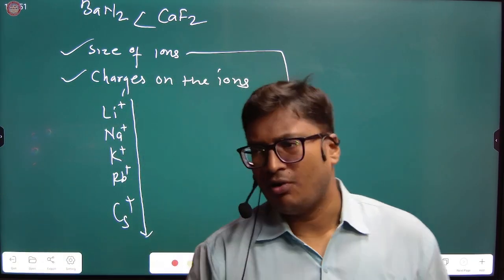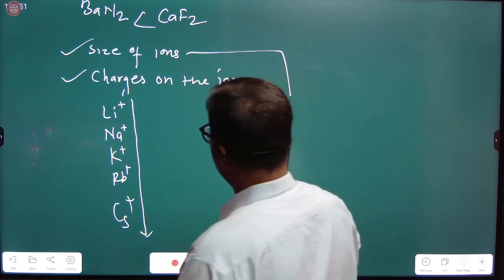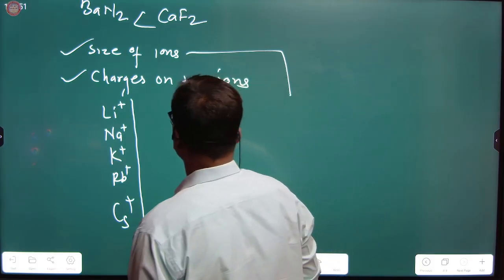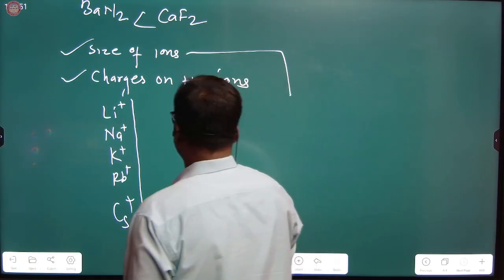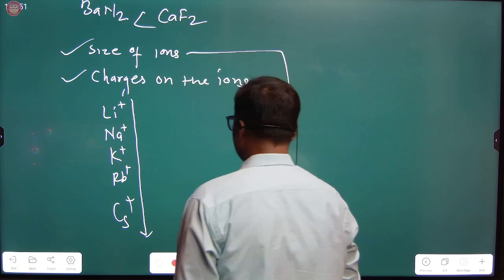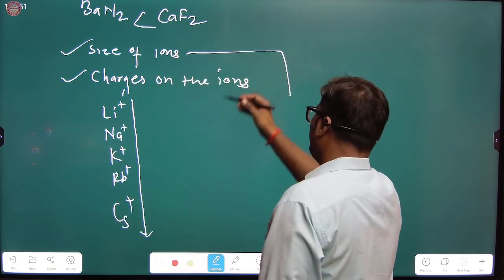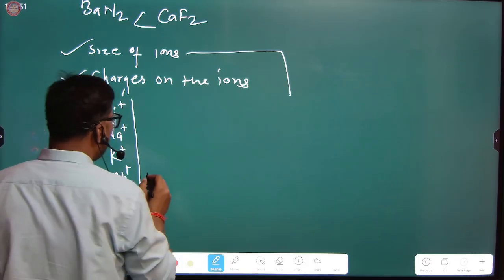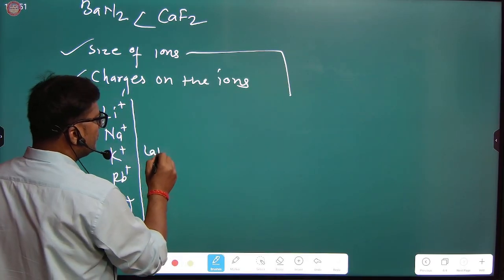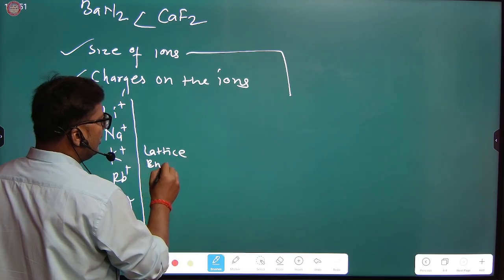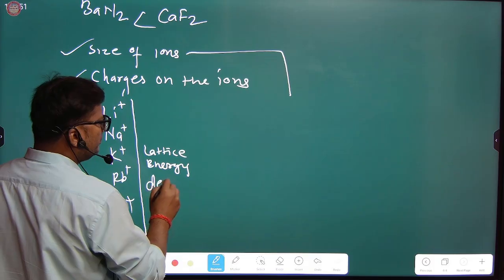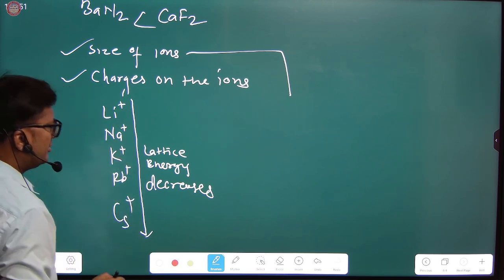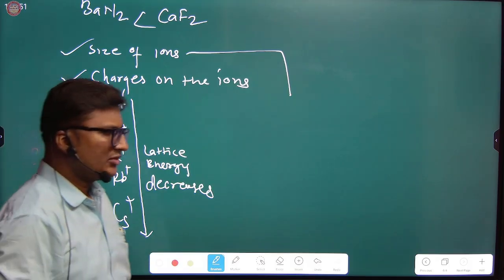So the compound formed from these ions depends on the size of the cations and anions also, right? So in the group, once you are moving from top to bottom, lattice energy decreases, right? So lattice energy decreases in case of these ions which form ionic solids, right?